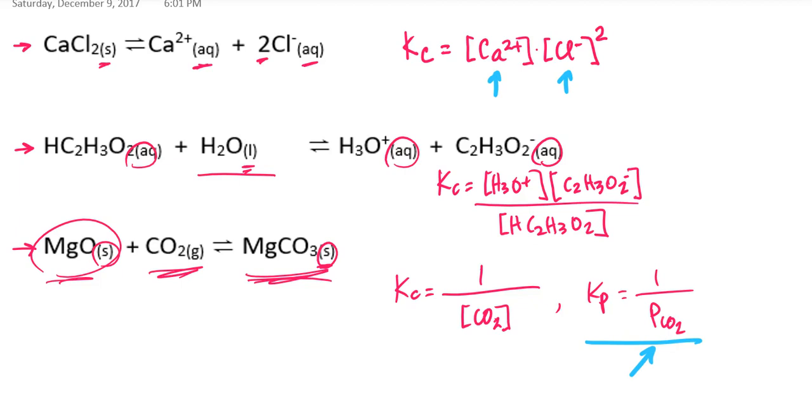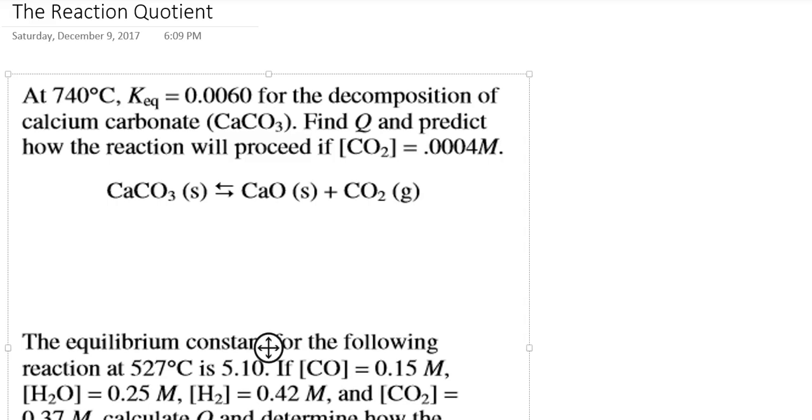And if I use equilibrium concentrations or equilibrium partial pressures, then I will be calculating my equilibrium constant. However, it is not mathematically impossible to use concentrations or partial pressures that occur within the reaction system when the reaction system is not at equilibrium. And so I can still calculate the ratio, but it will no longer be the equilibrium constant per se. It would be something called the reaction quotient.